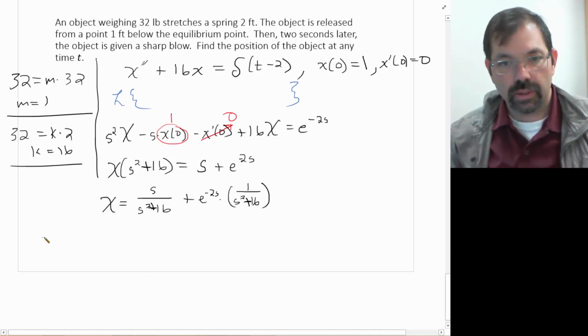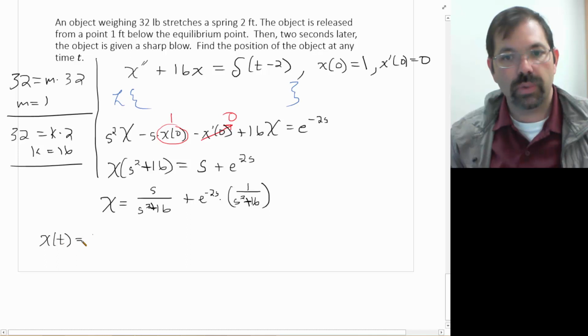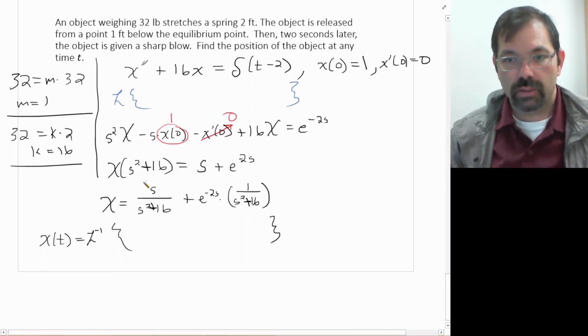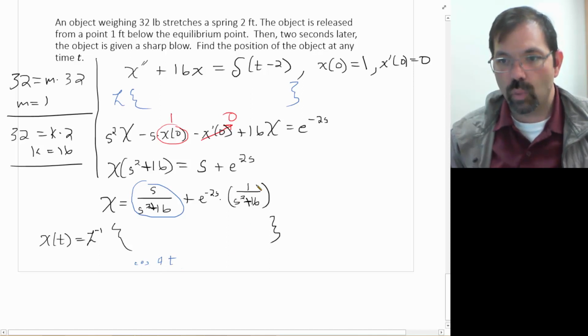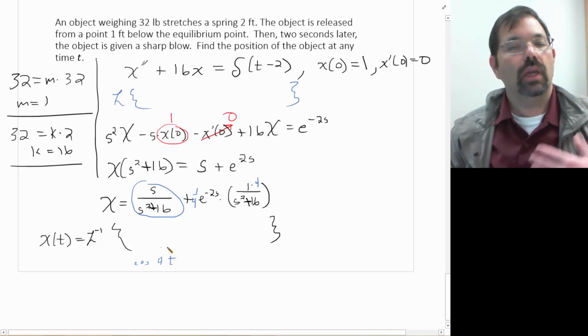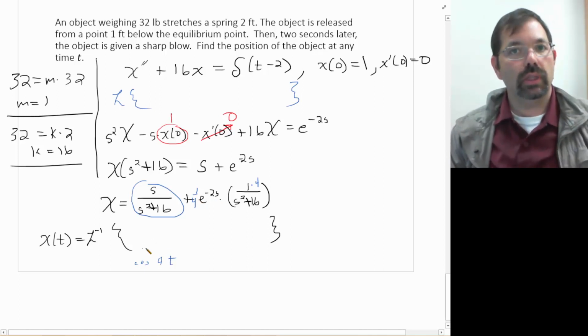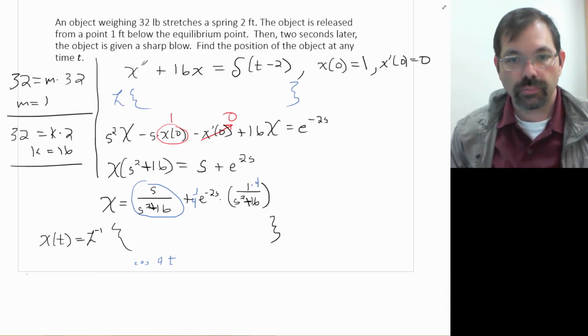All right, and so then x of t would be the Laplace inverse of that right-hand side. Now s over s squared plus 16 is fairly easy; you should immediately be thinking of a cosine there, cosine of 4t. Now here we have 1 over s squared plus 16, so let's multiply by 4 and 1/4, and that e to the negative 2s tells me we have to translate 2 units and use the unit step function.